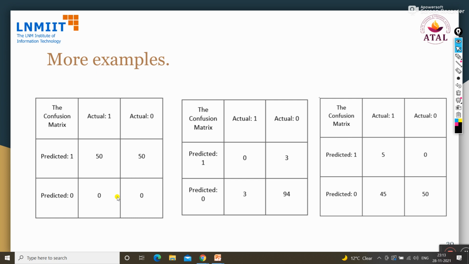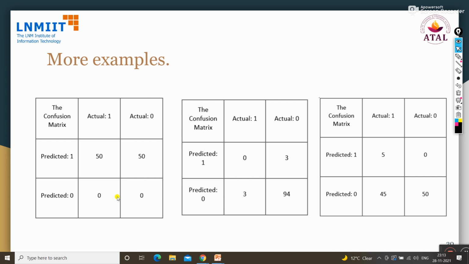So let me see. You have true positive, false positive, and then F1 score. True positive is 50 and false positive is 0.